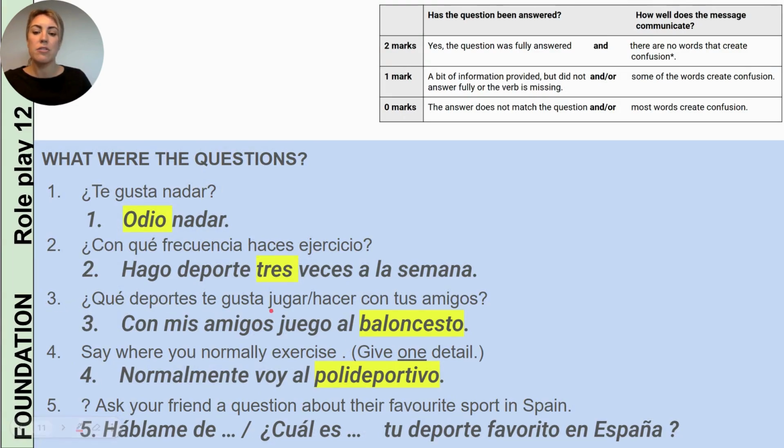What sports do you like to play or to do with your friends? Número 4, ¿dónde haces deporte normalmente? Where do you normally do sports? Y número 5, you asked me the question and I said, es el fútbol femenino. It is women's football.